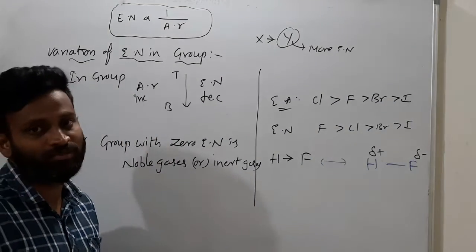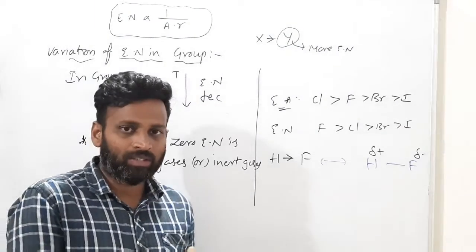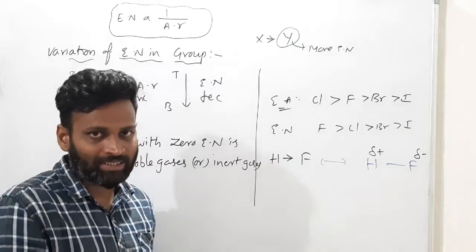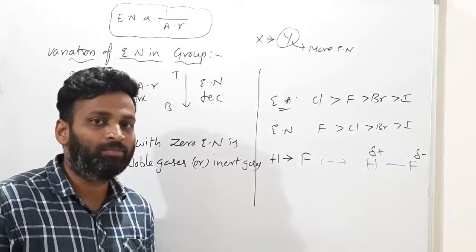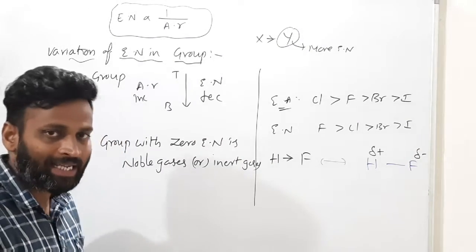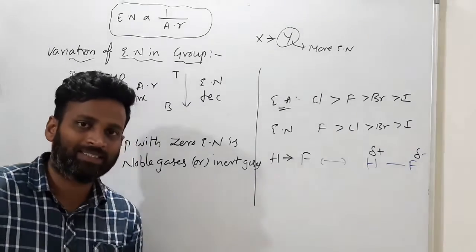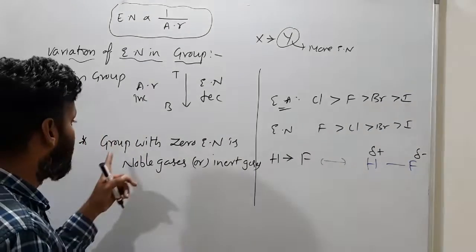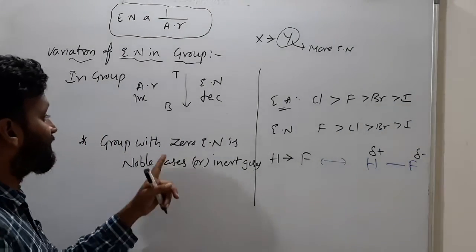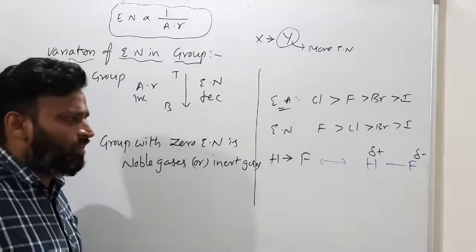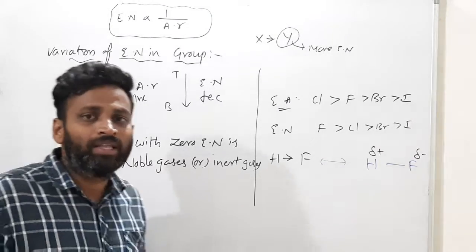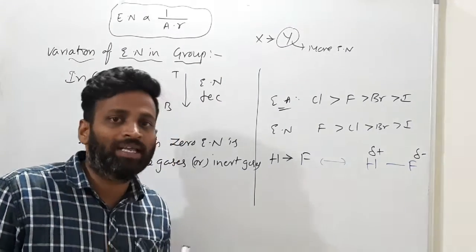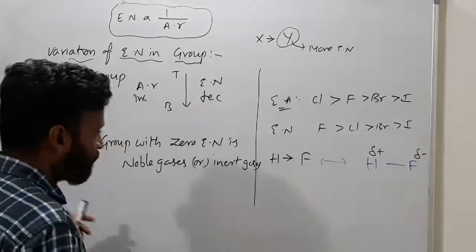No, it is positive, because adding an electron to noble gases is difficult. We have to give energy. So it is highly positive. Electron affinity for noble gases is positive. Electronegativity of noble gases is 0, because they don't have a tendency to attract the electron pair towards them, because they already have a more stable electronic configuration.